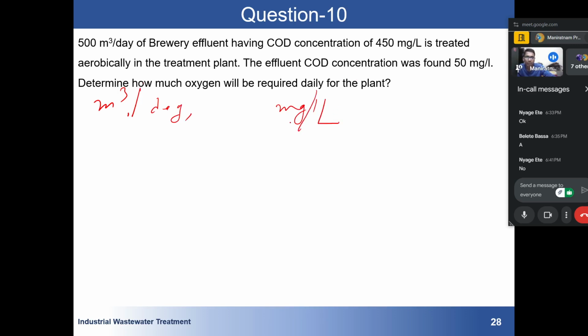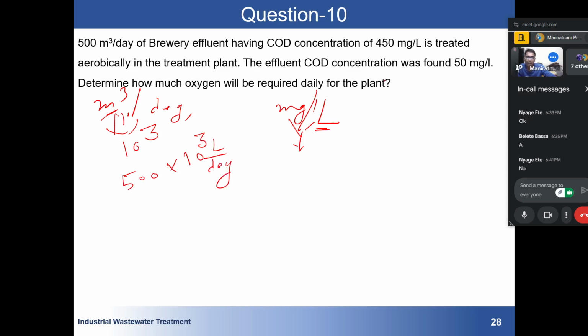So we have to convert either meter cube into liter or liter into meter cube. It will be easier to convert meter cube into liter by multiplying by 10 to the power 3. So the flow is 500 into 10 to the power 3 liter per day.